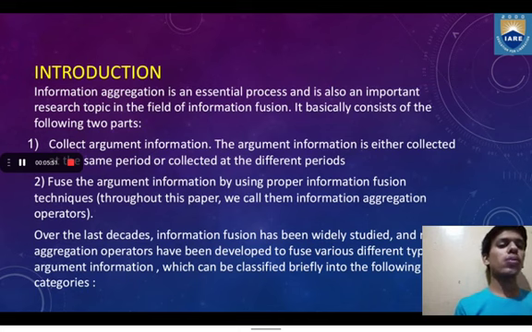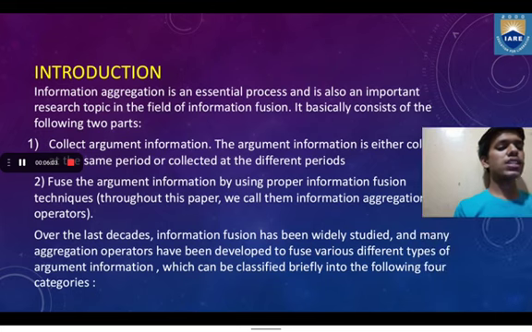Next, fuse the argument information by using proper information fusion techniques. Throughout this paper we call them information aggregation operators. Over the last decades, information fusion has been widely studied and many aggregation operators have been developed to fuse various different types of argument information, which can be classified briefly in the following four categories.